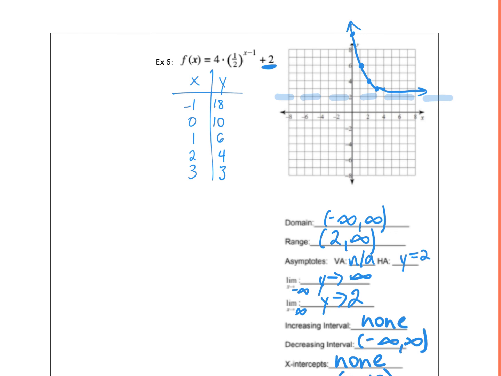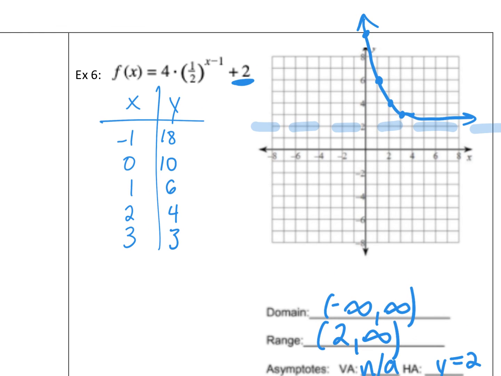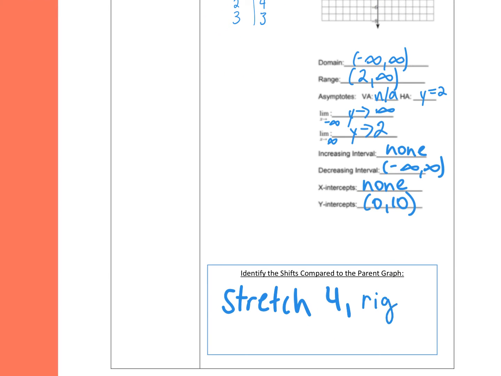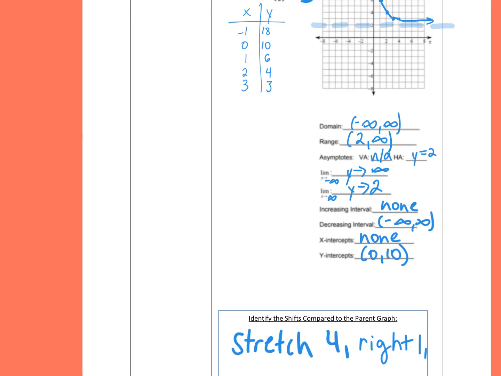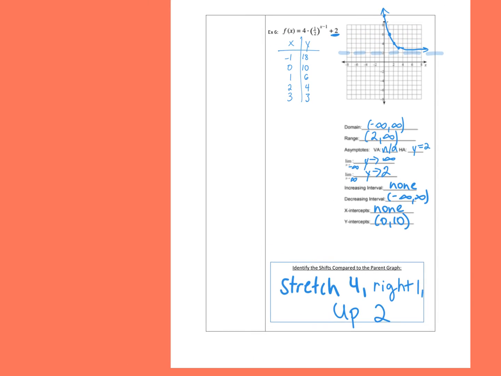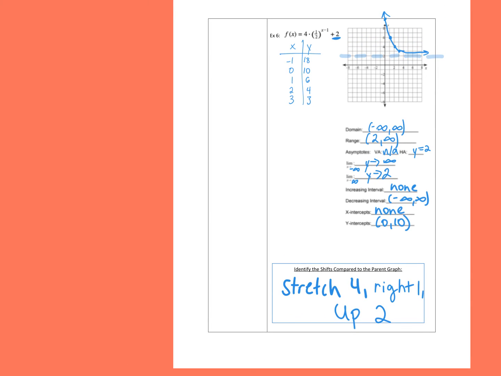Is there anything written with my exponent? Yes, a -1, which means go right 1, good. And up 2. You got it. Not too bad, right? Just tedious.